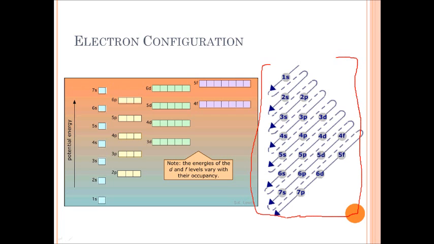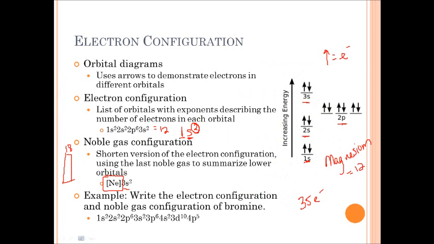We're going to go through this until we run out of electrons. So let's go back. We do 1s2, 2s2, 2p6, 3s2, 3p6, 4s2, 3d10, 4p5.